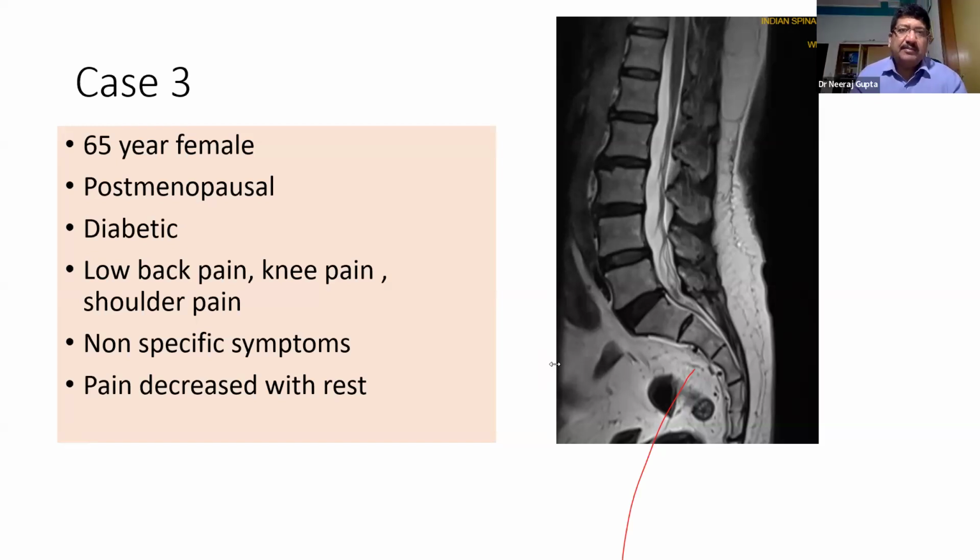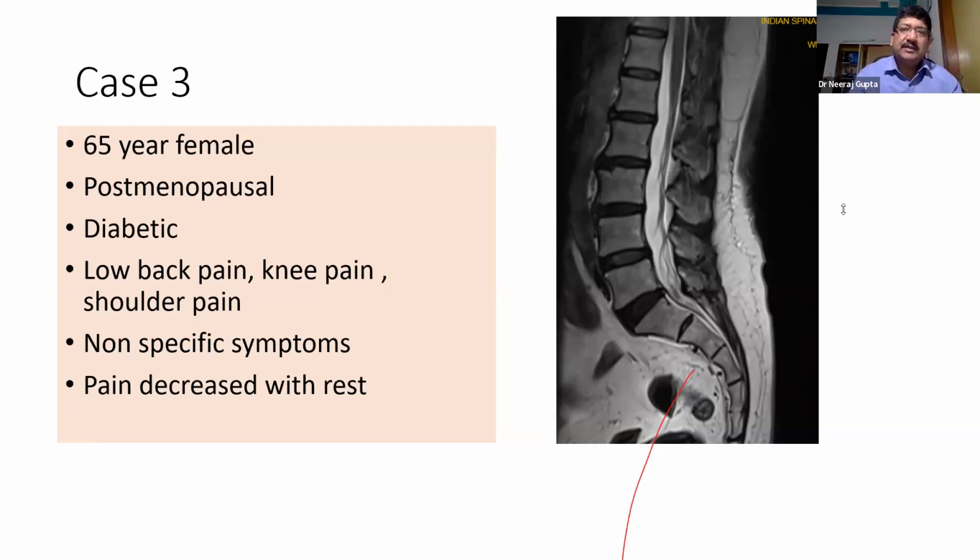Usually, sir, we have to tell them that diabetes can cause non-specific pains. Osteoporosis can cause non-specific pains. So whenever I see a patient with HbA1c more than 8 or 9 with these problems, I tell them that your main problem is diabetes, because diabetes can cause inflammation of all the membranes and tissues. It can cause your shoulder pain, back pain, knee pain, everything.